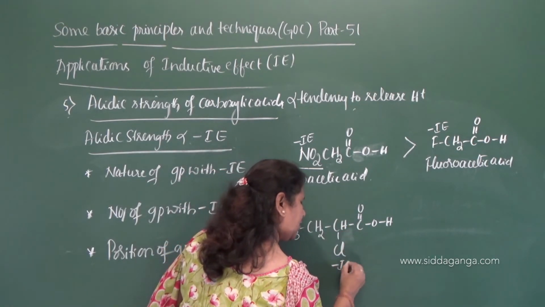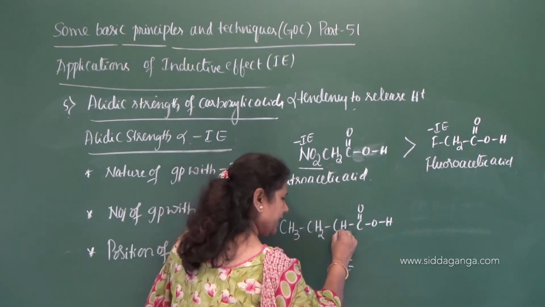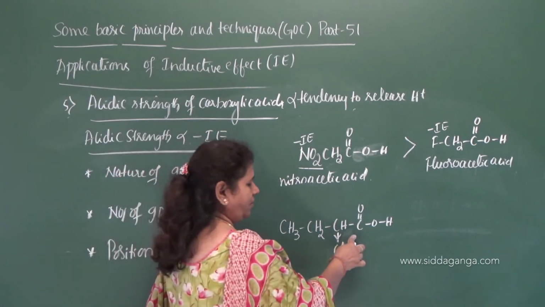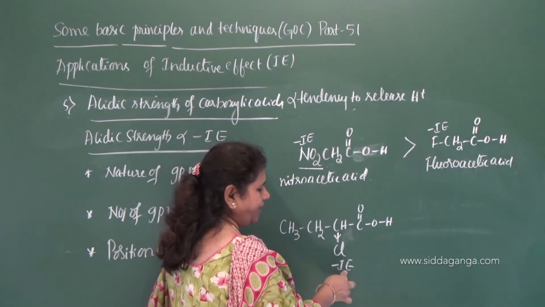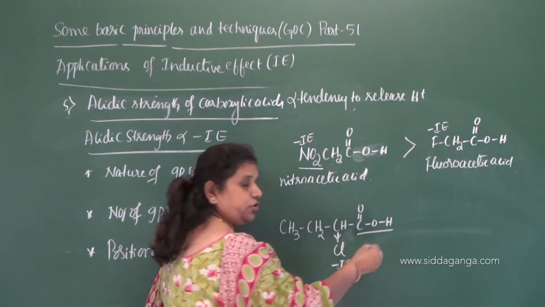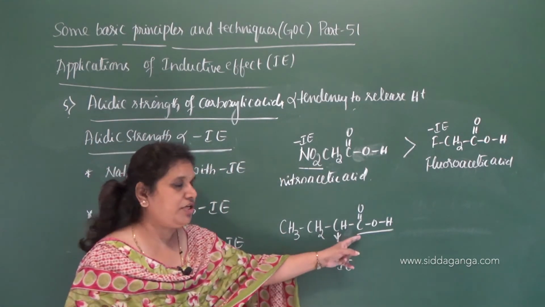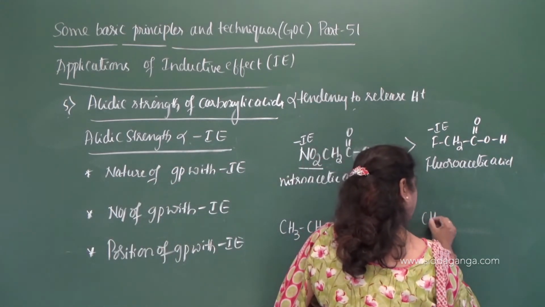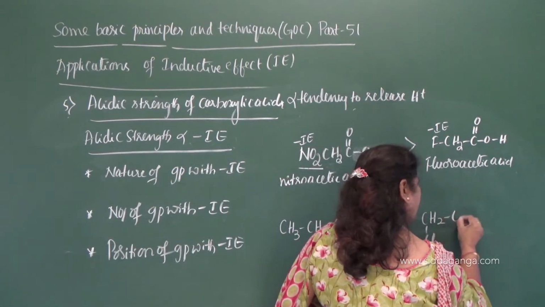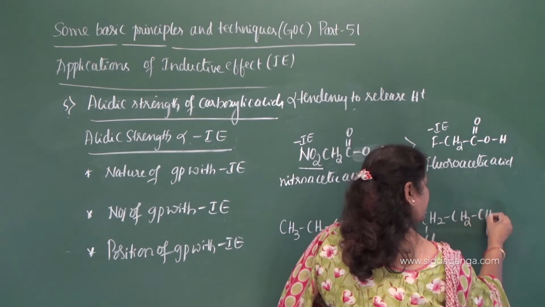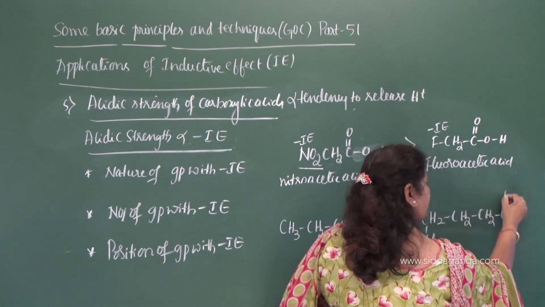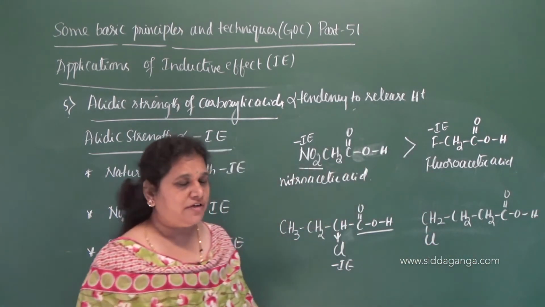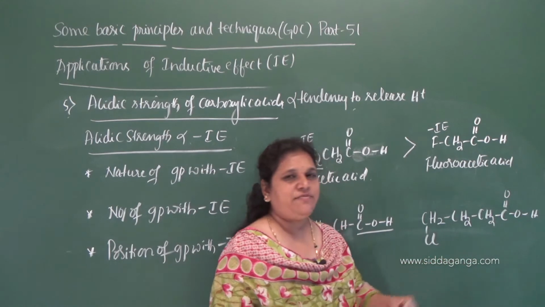It exerts negative inductive effect here because it is electron withdrawing. Correct? Now the group with minus I effect and the COOH group are very close to each other, whereas if you consider CH2Cl, CH2, CH2, C double bond O, OH, now the position of Cl is away from the COOH group.